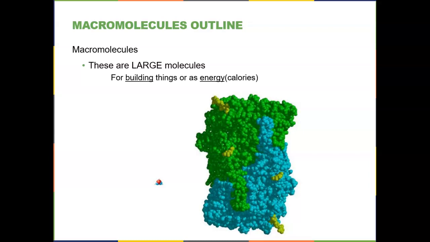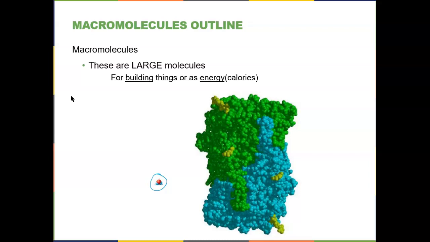So first up is macromolecules. By macro, we just mean very large. Because they're large, they're either used for building things or as energy. Just to give you some sense of scale, this is a water molecule. I do not know if these things are to scale. I made them myself, but I tried to make these little bubbles about the same size as those bubbles.